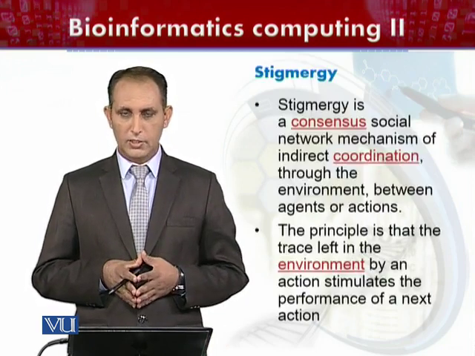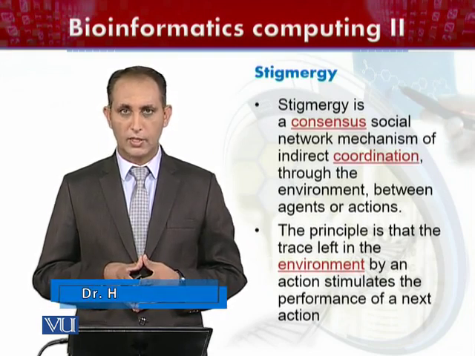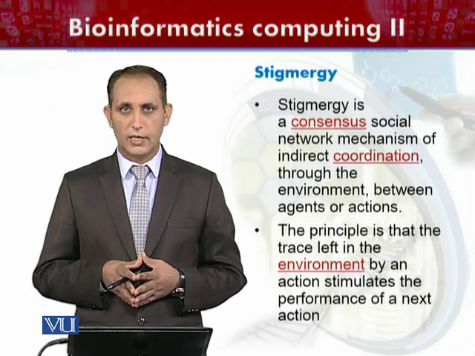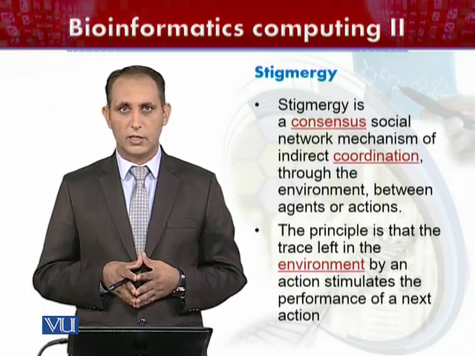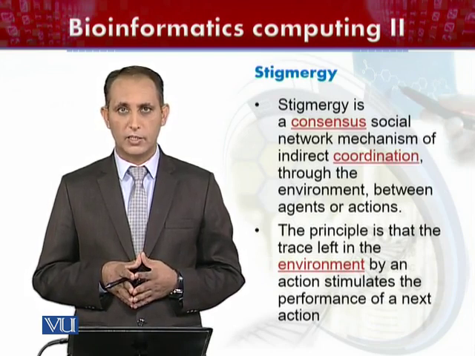So stigmergy is basically a consensus social network mechanism of indirect coordination, and that coordination must be through the environment. In this type of interaction, the organisms in the natural system are not directly interacting with each other.